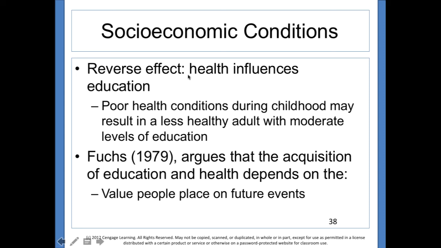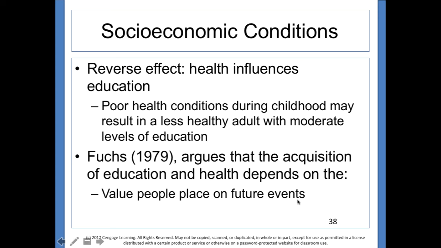What about the reverse effect on socioeconomic condition, such as health influencing education, of course. For example, poor health conditions during childhood may result in a less healthy adult with a moderate level of education. What it means here is that Fuchs argues that the acquisition of education and health depends on the value people place on future events.